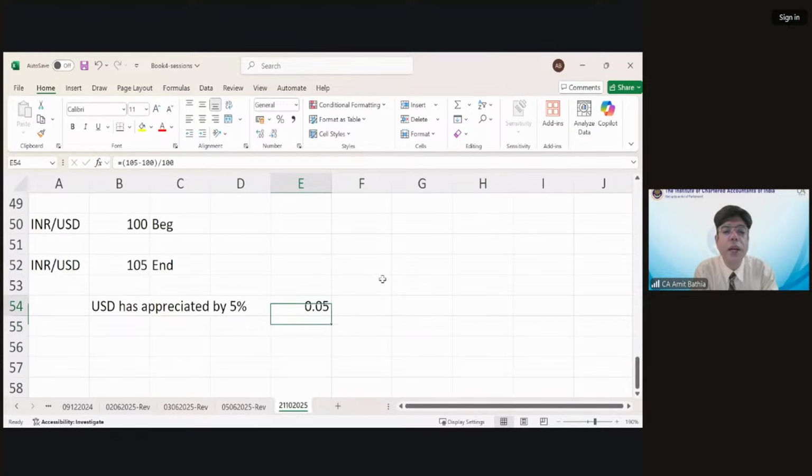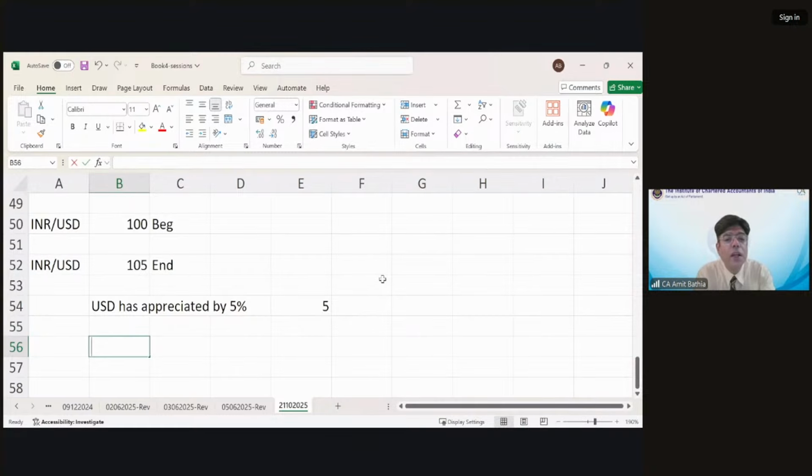So 5%, right? If I multiply this with 100 to get the answer in percentage, it is 5%. Now from the appreciation of 5%, I want to find how much is the depreciation in INR. So can I find from appreciation to depreciation?